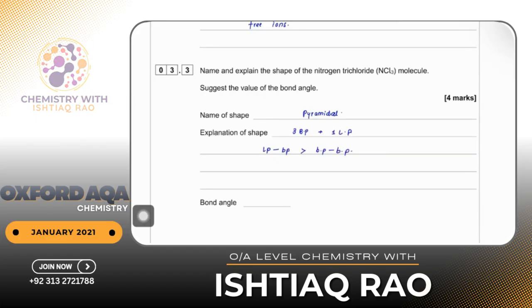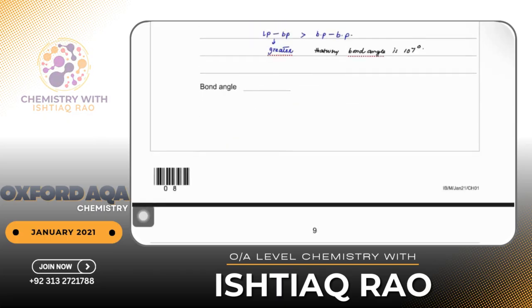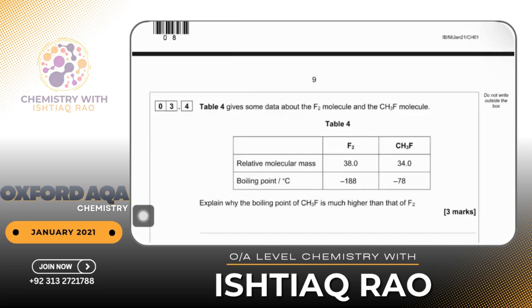So the lone pair repels more than bond pairs. So that's why the bond angle is 107 degrees, right? Yes. Okay.